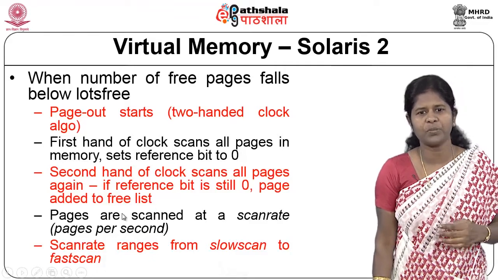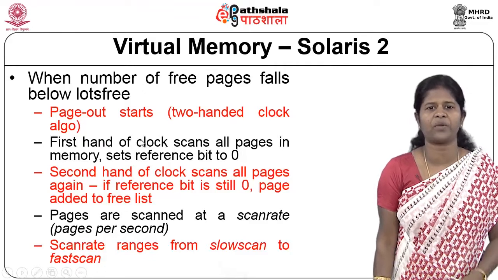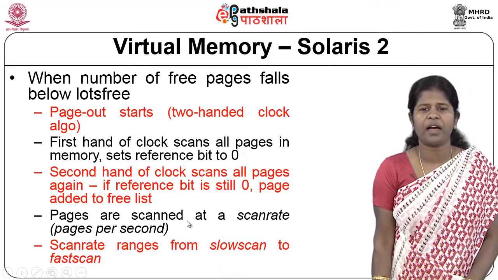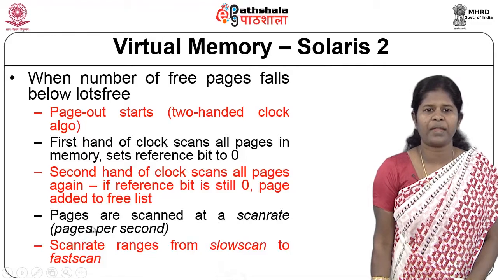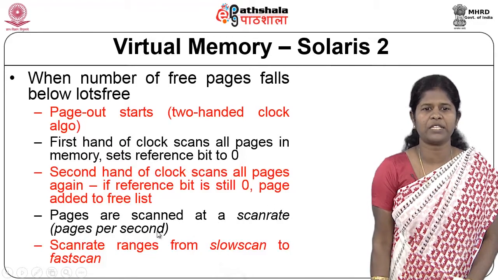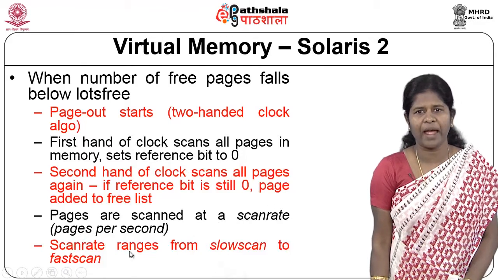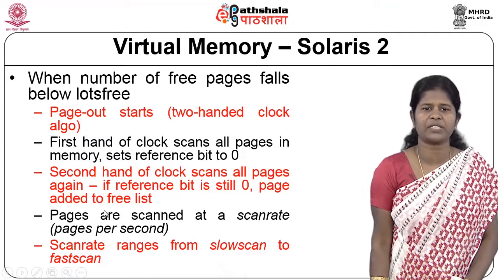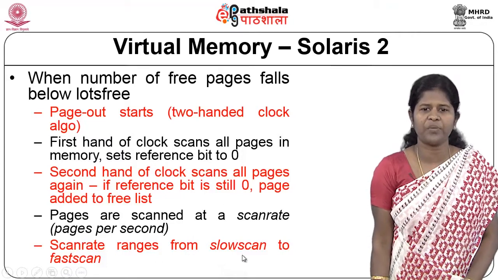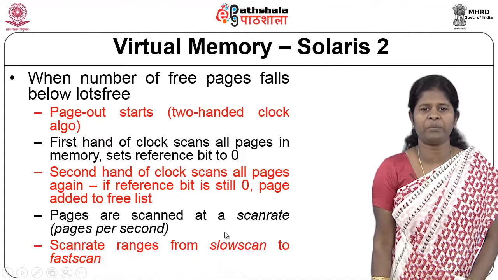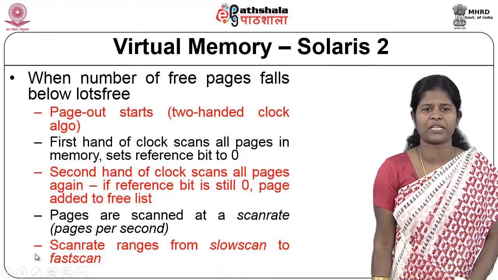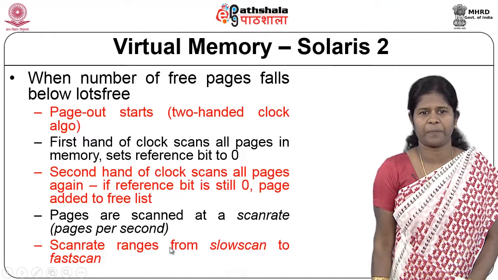The rate at which pages are scanned is called the scan rate, and the scan rate is measured in pages per second. The scan rate can also vary from one value to another. The minimum value is slow scan and the maximum value is fast scan.